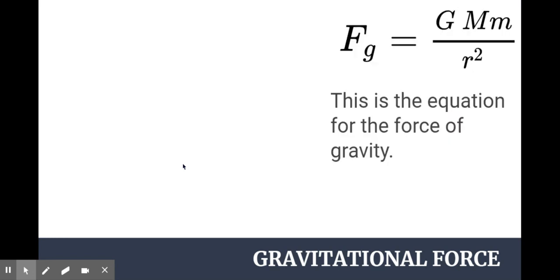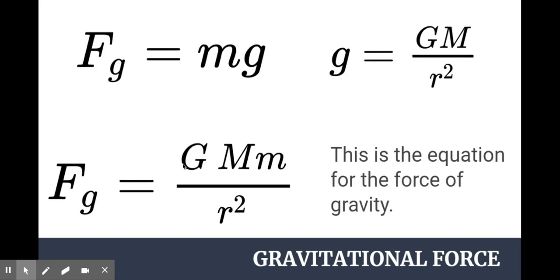So let's go to the next slide. This is the equation for the force of gravity. Okay, this is the equation for the force of gravity. All right, part of it should look familiar. This is why. So first off, we started with the weight of an object, or the force of gravity.